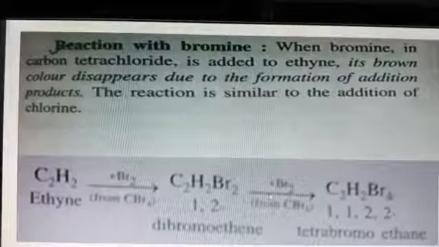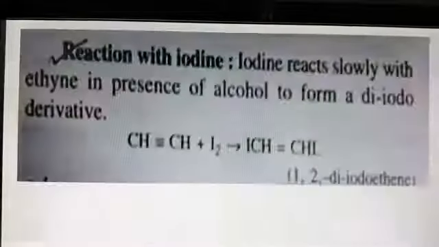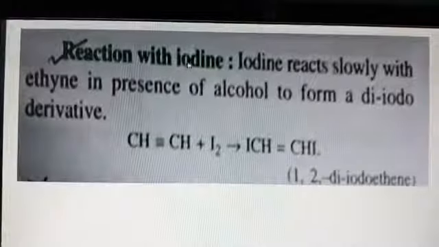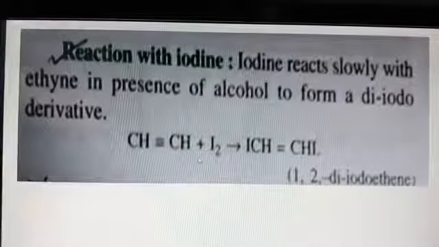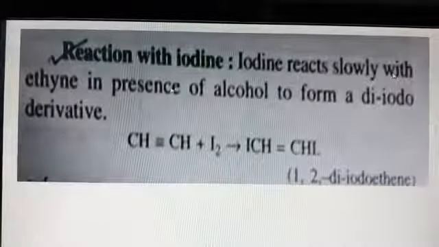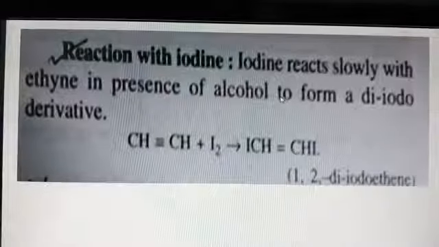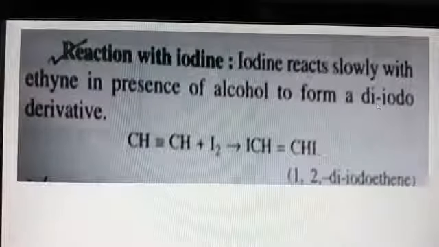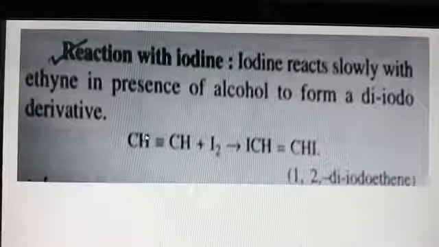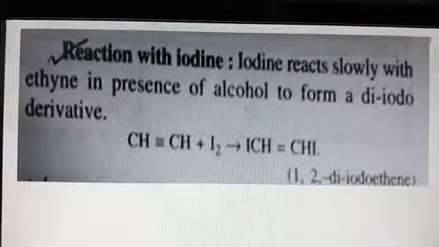Then the reaction with iodine also takes place the same way. Iodine reacts slowly with ethine in the presence of alcohol to form a diiodo derivative. So the reaction with iodine is really very slow. The reaction takes place in the presence of alcohol.